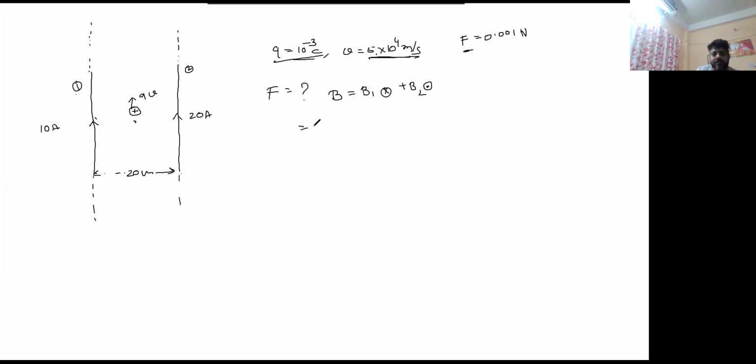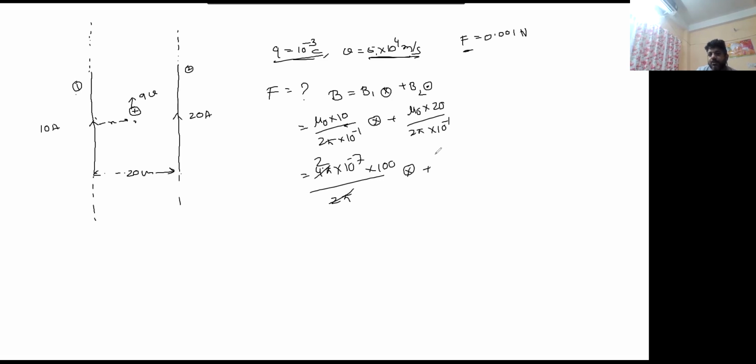So B1 is μ0 I1 by 2π x, that distance is x. X is how much? 10 to the power minus 1, cross, plus μ0 I2 by 2π into 10 to the power minus 1. So 4π into 10 to the power minus 7 into 100 by 2π, that is 2 cross, plus this 4π 10 to the power minus 7 into 200 by 2π, that is 2 dot.